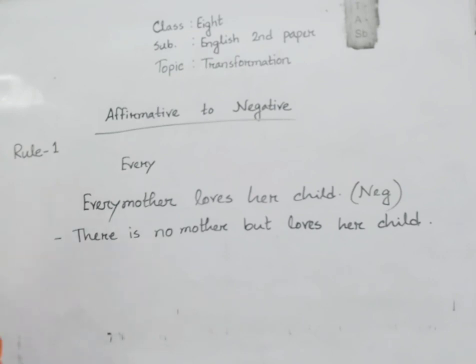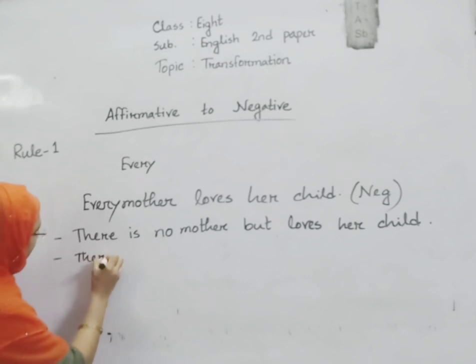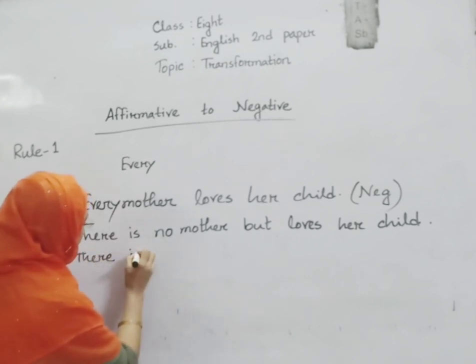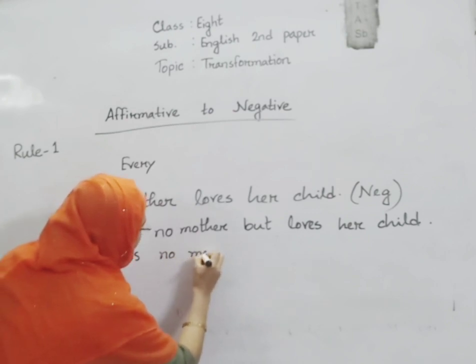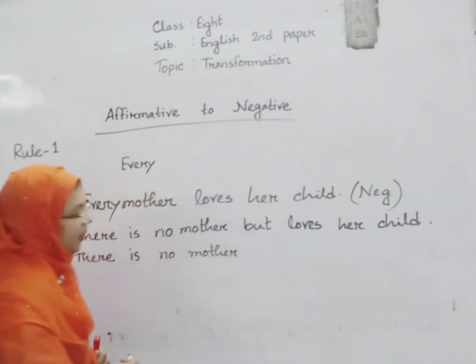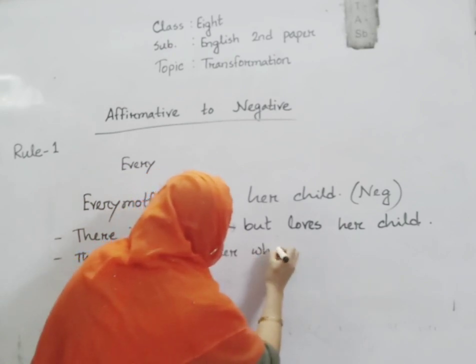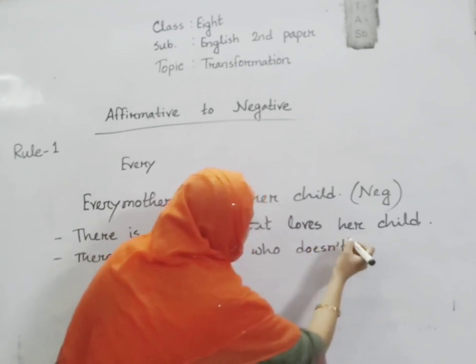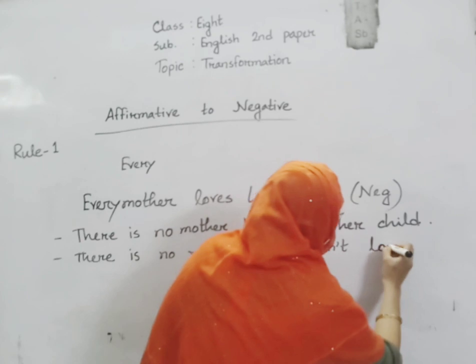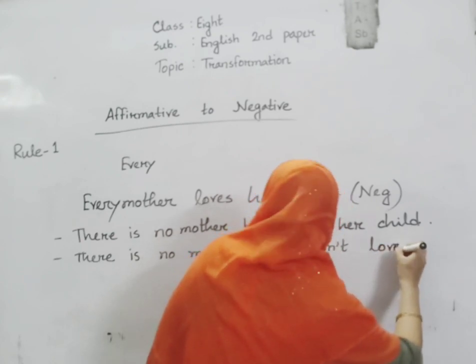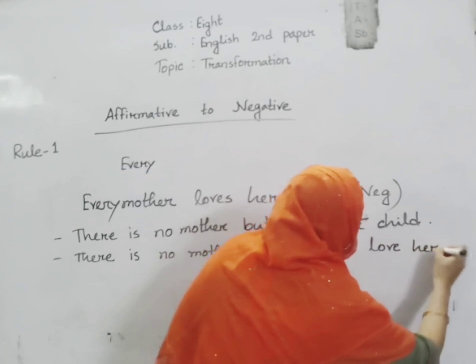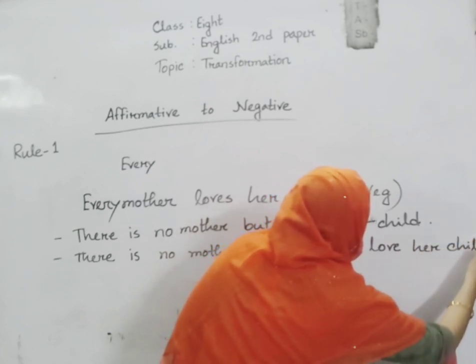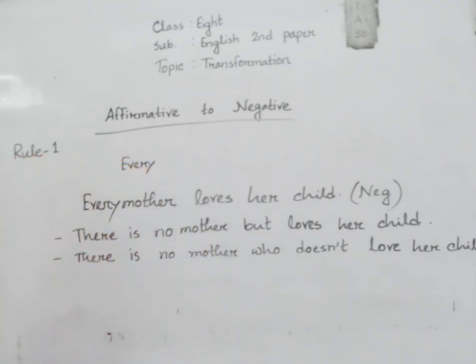And if we make it negative by using the rule number 2, the answer will be there is no plus mother plus who according to the rule, then doesn't, then V1, then the rest of the sentences.